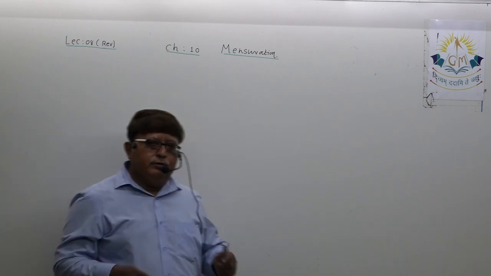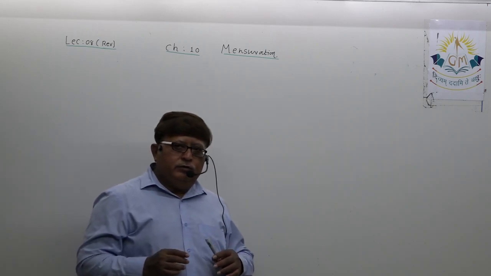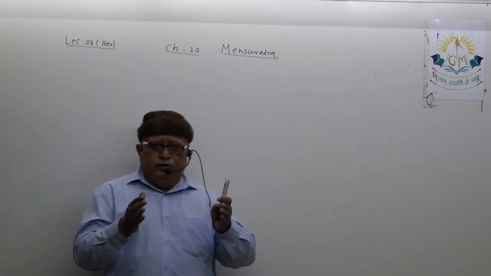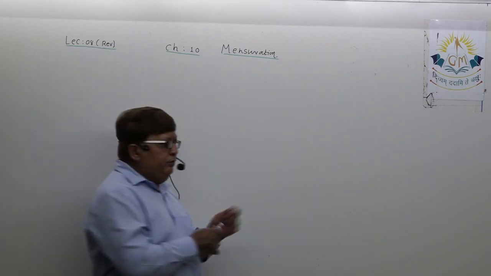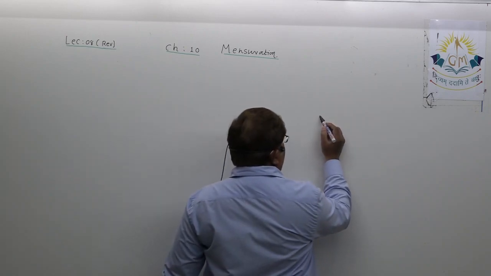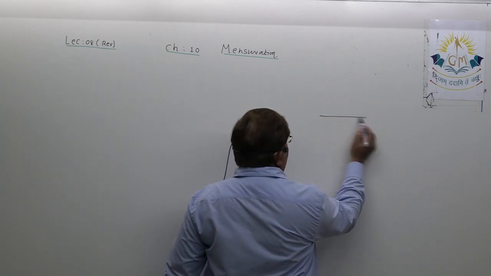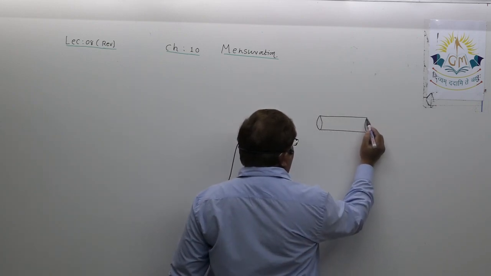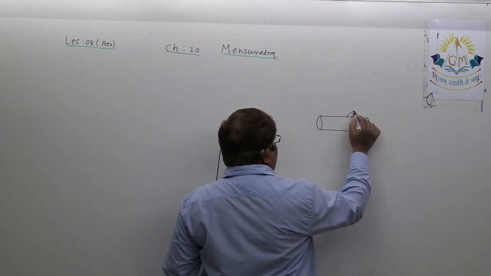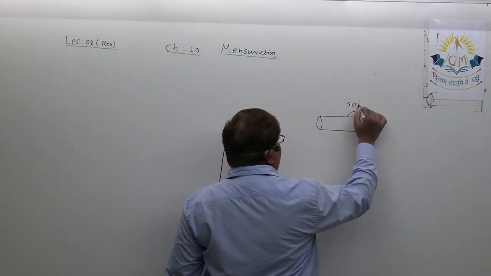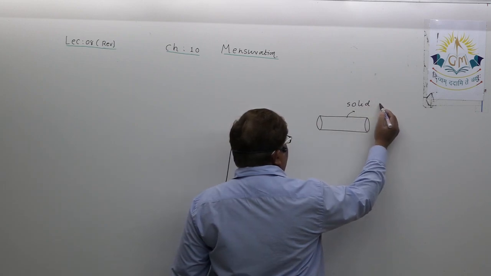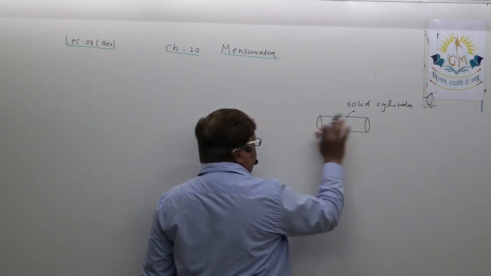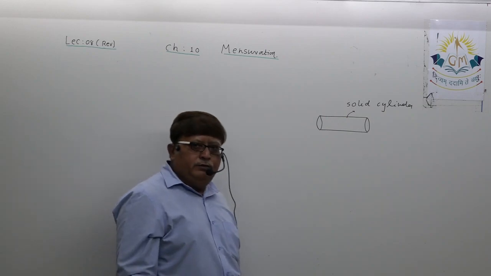So, dear student, when cylinders are available, just take an example. If I think of a branch of a tree, cylindrical in shape, you can consider it as a solid cylinder, because it is jam packed from inside.